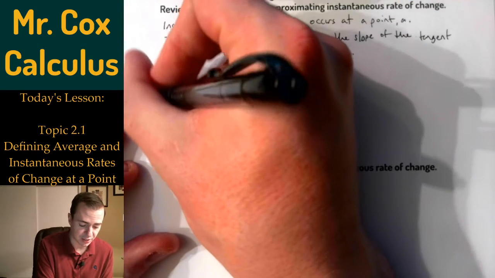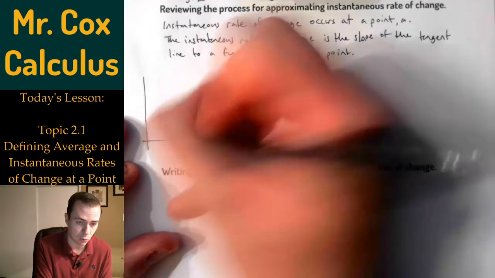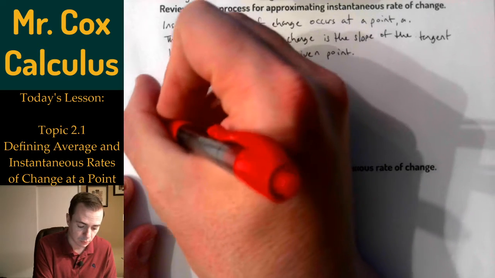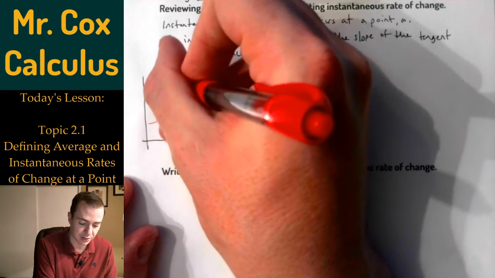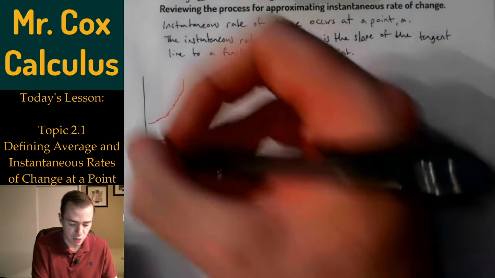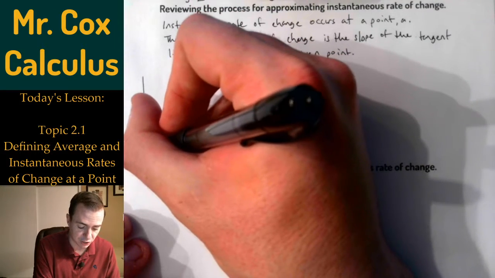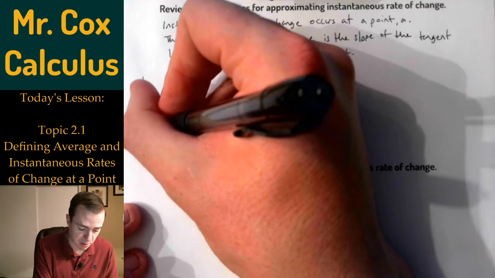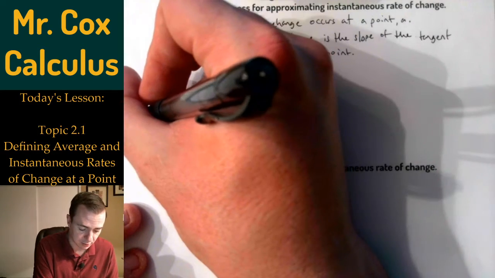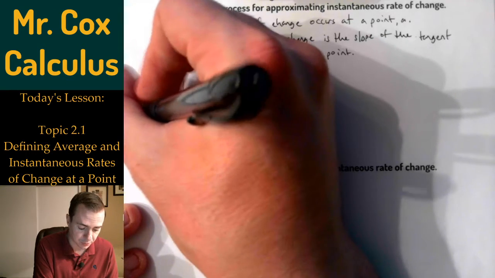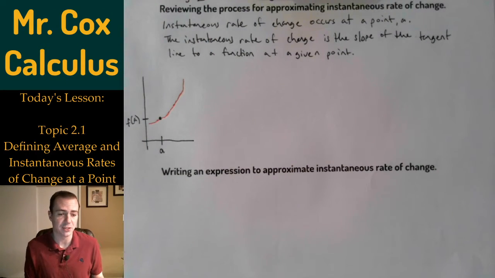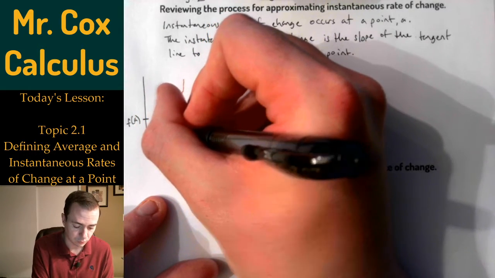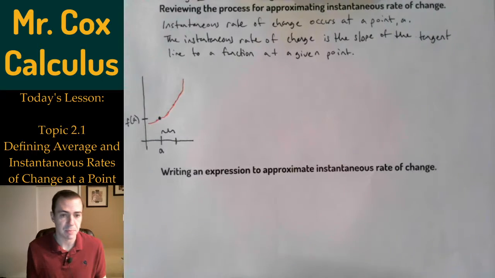So if I graph this, just to give you an arbitrary view of what we're looking at, if I have some function here, and we'll just let it look like this, if I wanted to know the average rate of change of the function at this value right here, a, I can come up here and say, okay, at this point, I'm at f of a. And what we did was we basically took arbitrary changes in x, and then we just kept making them smaller.